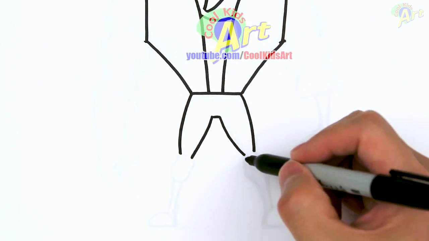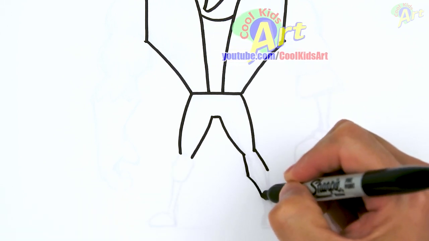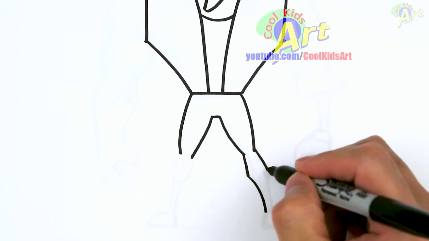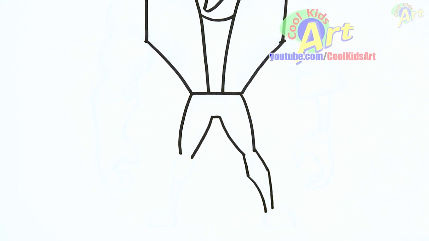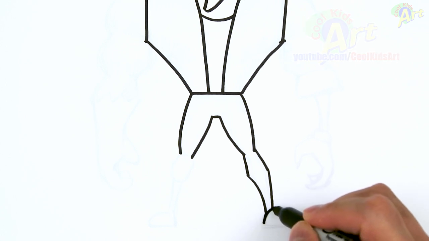Okay, and then for his legs, just flare out slightly. Just curve and then just kind of straighten out this line right here. And then now for his foot, just kind of draw a dome shape.